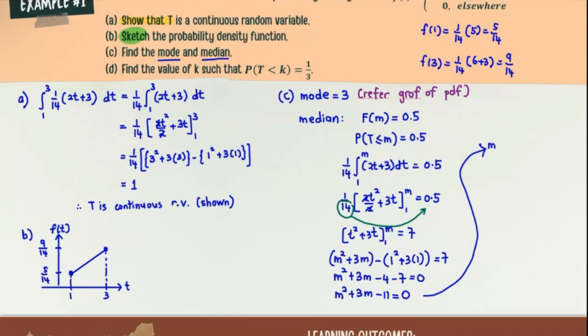Quadratic formula. So M will be equals to negative B plus minus square root of B squared minus 4AC, we divided by 2A.